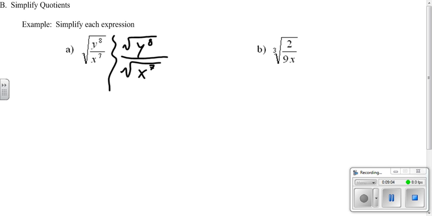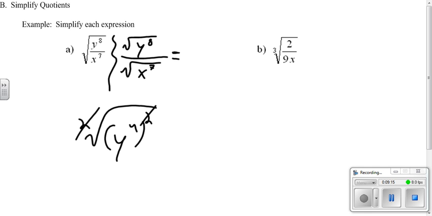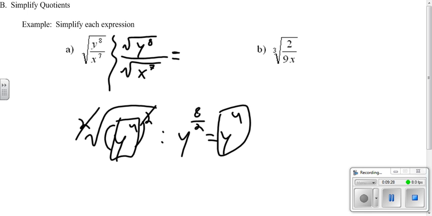Now, square root of y to the 8th, we can recognize as y to the 4th squared, and we're taking the square root of it, in which case we cancel those out, or we can recognize it as y to the 8 over 2, which is the same as y to the 4th. Either way, y to the 4th.